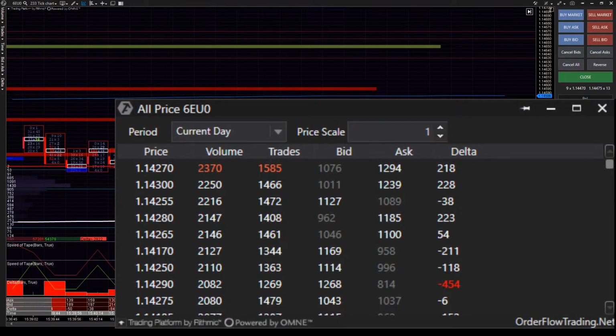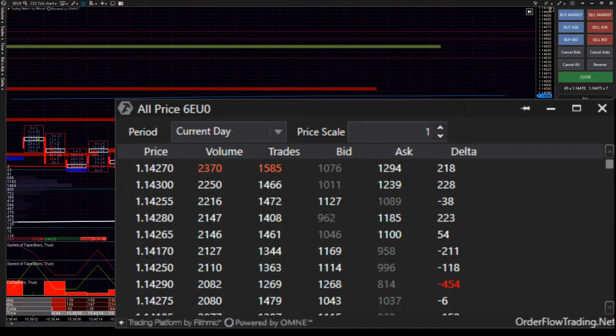We have some positive delta here at this price, 14,270 and 14,300, which means that right now they're trying to break above the volume we saw before, right? Trying to go to a higher level now.